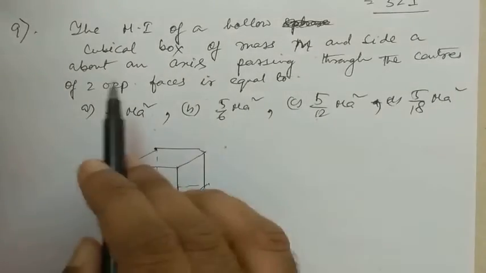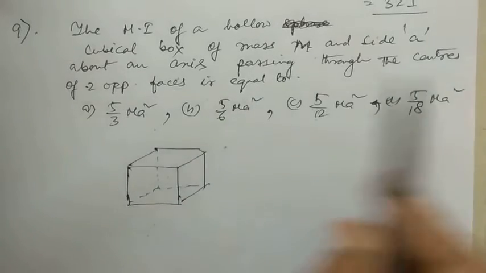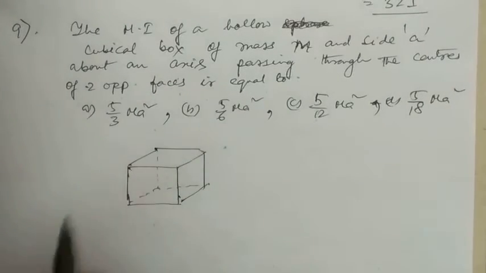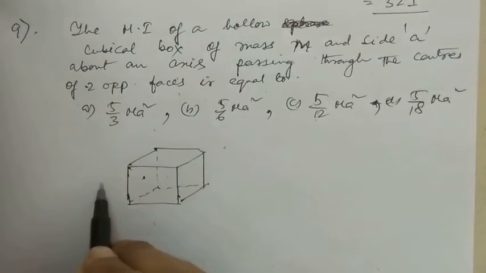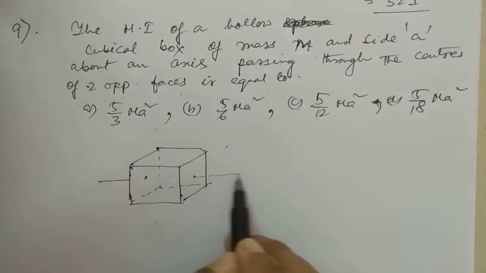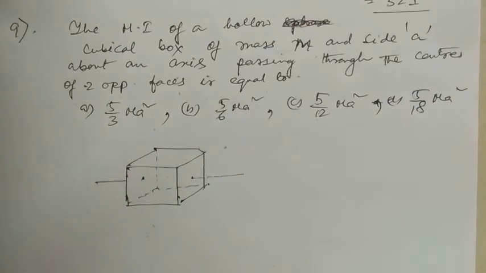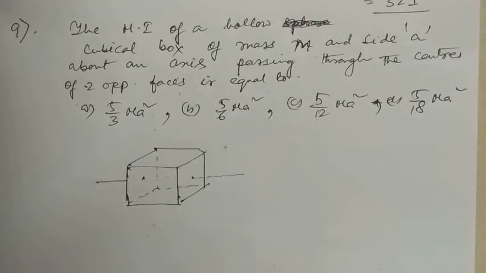Mass m and side a, small a, about an axis passing through the center of two opposite faces. So if we take the axis to be like this, this is the axis, and this comes out from the opposite end, passing through the centers of two opposite faces, is equal to, 4 options. You have to take one option correct.